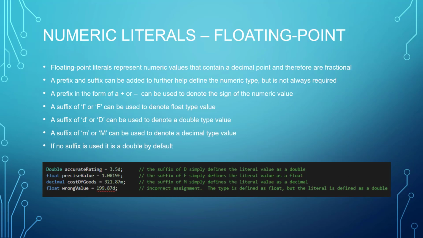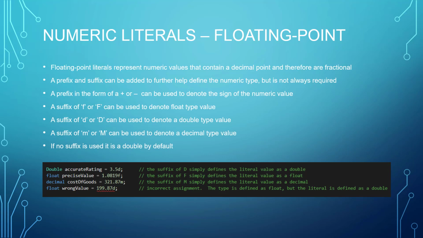So those were integers. Now let's look at numeric literal floating points. A floating point literal represents numeric values that contain a decimal point and therefore are fractional. So a prefix and a suffix can be added to further help define the numeric type, but again, it's not always required.